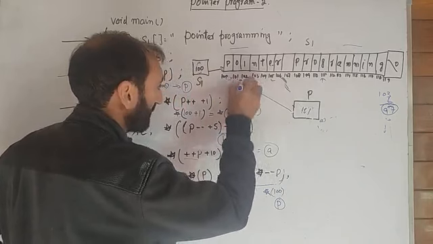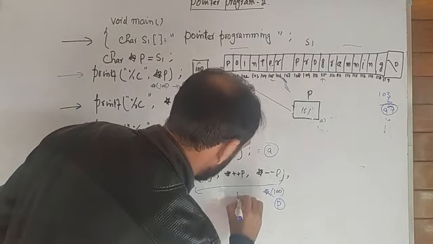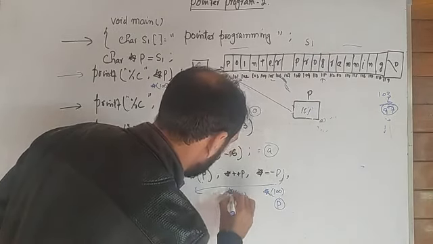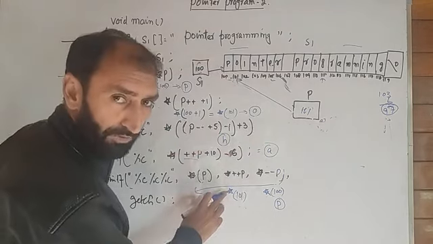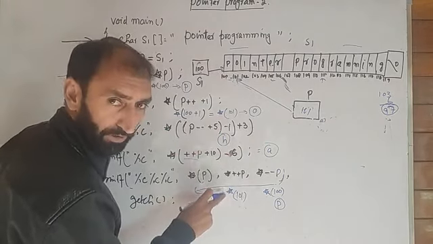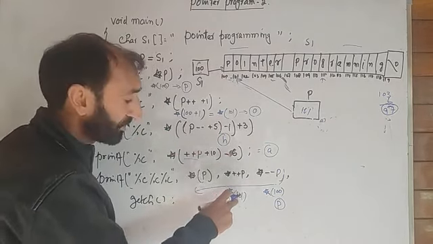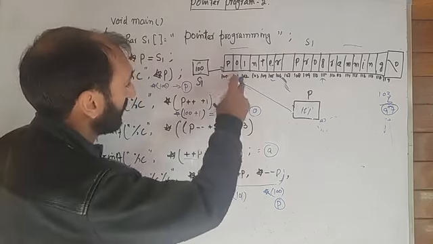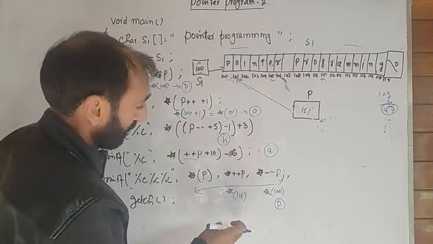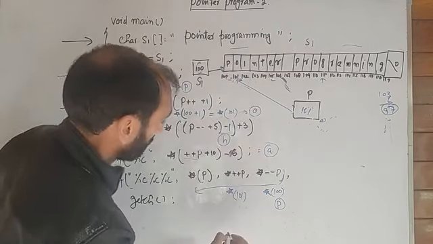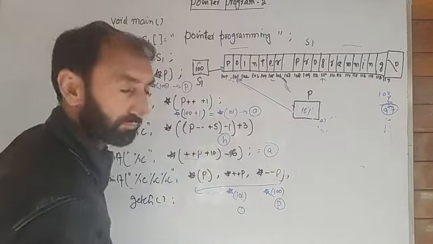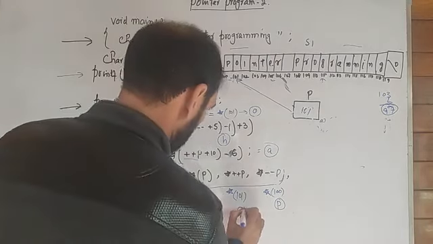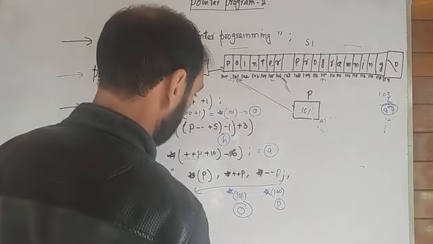So it will again point to 101. This is the indirection operator, which returns the value at the address. What is the address? Address is 101. What is the value at 101? That is o. So it will return o. This is the output of this instruction.